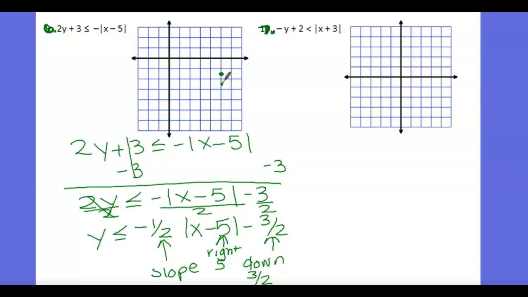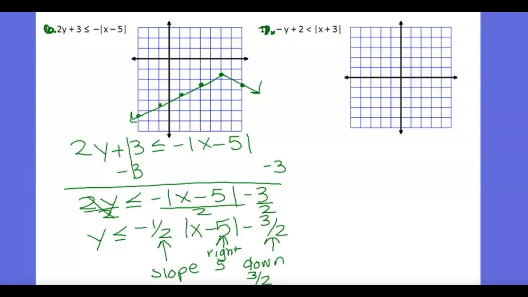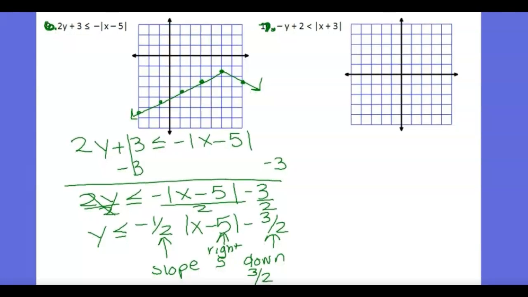Thus giving me my graph of the absolute value open down. And again, this is a less than or equal to, so my line is solid. At this time, I'm going to pick my test point. So I pick a test point of 0, 0 once again.